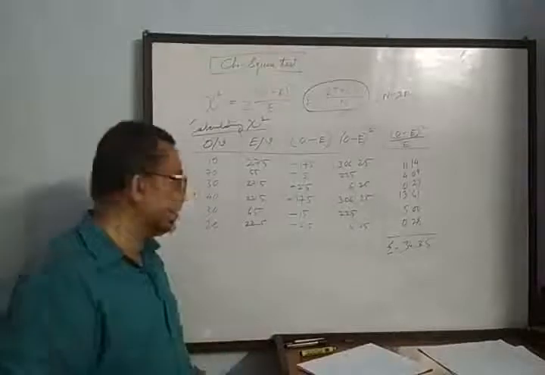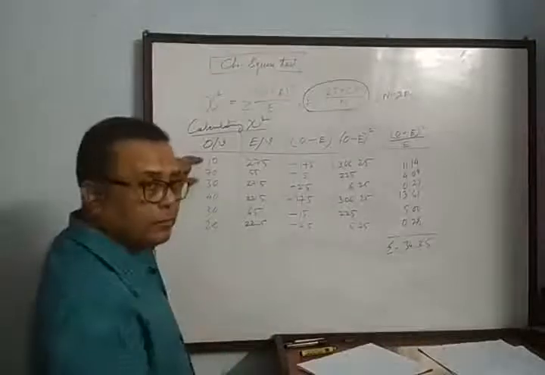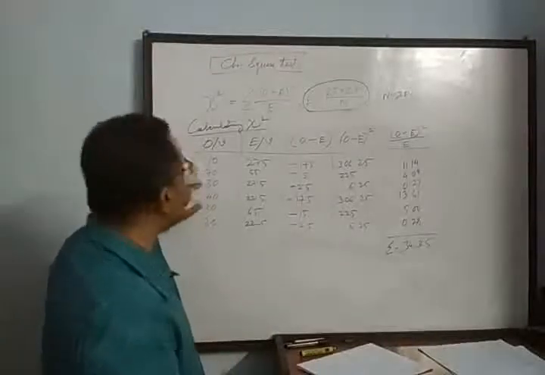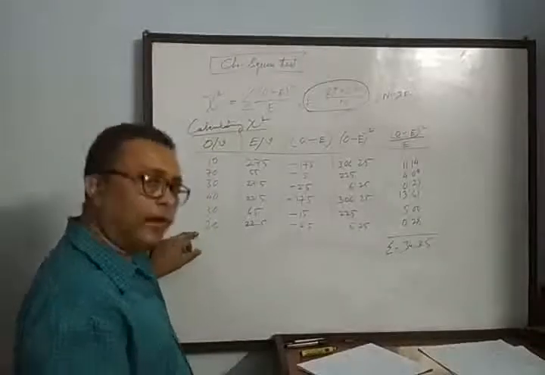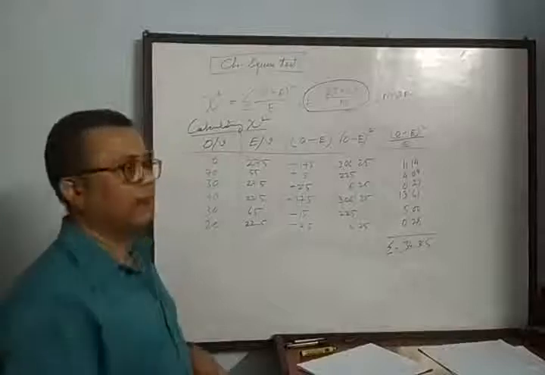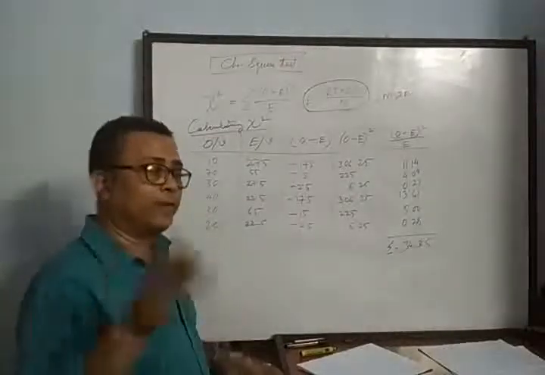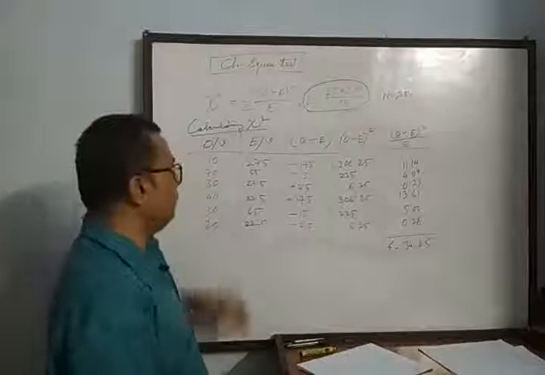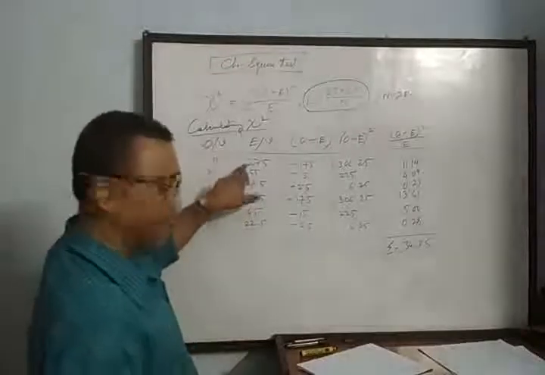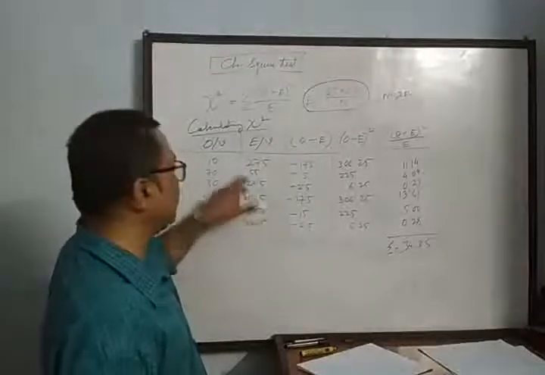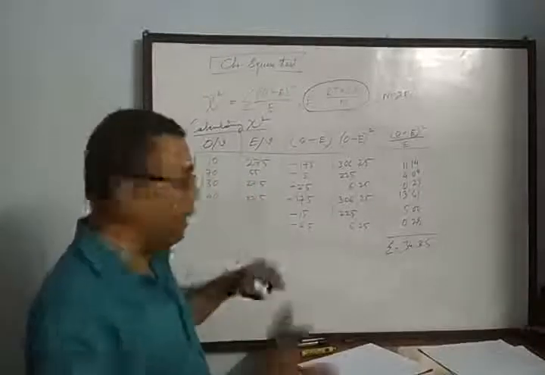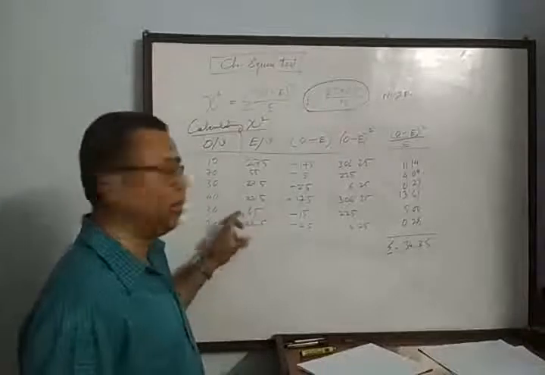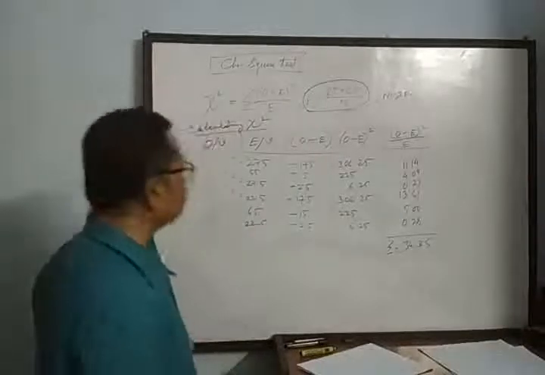In the question you will get 10 male, 70 male, 30 male, again 40 female, 30 female and 20 female. Now in the same grid where you have calculated the expected value, the expected value is given: male 27.5, then 55, then 27.5, again for the female 22.5, 45 and 22.5.